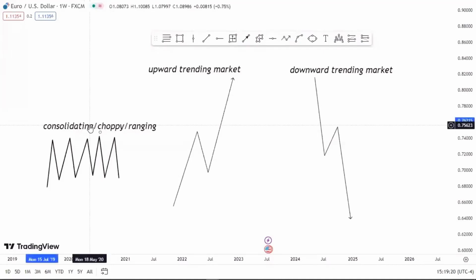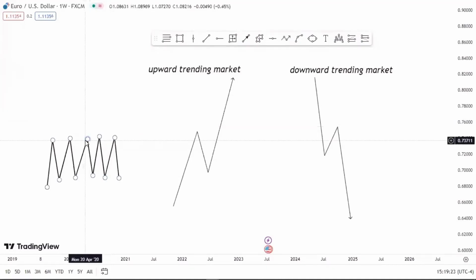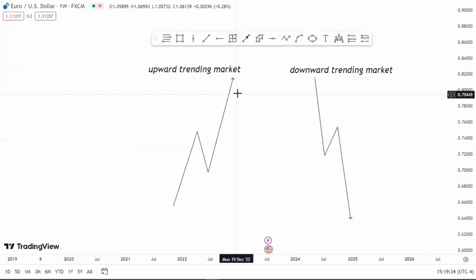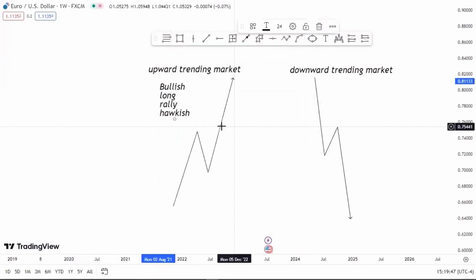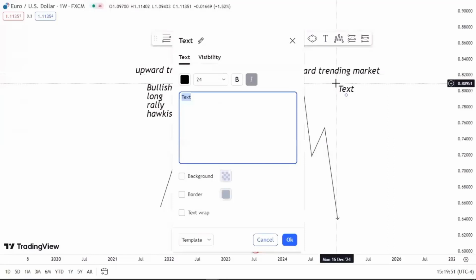Now there are words to describe upward trending markets and downward trending markets. You should know those words as a trader. There are also words we use to describe that.